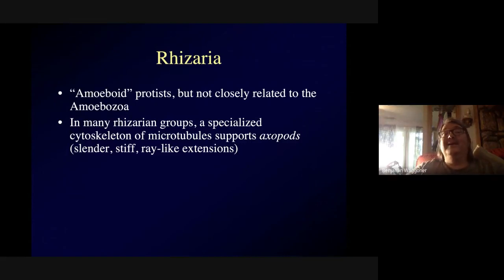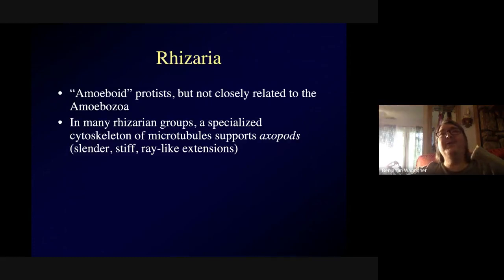Rhizaria are mostly amoeba-like protists, but they're not closely related to the Amoebozoa. This has gone kind of convergent. Many Rhizarian groups don't just have pseudopods, but the pseudopods contain a specialized support structure. It's basically big bundles of microtubules.